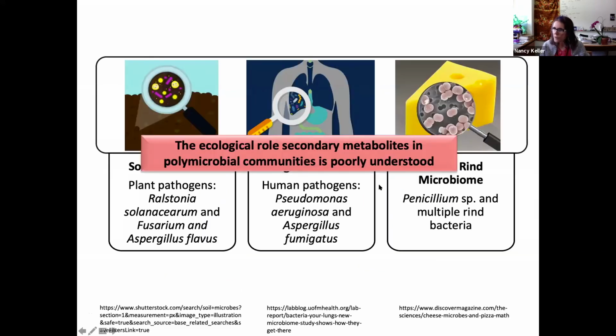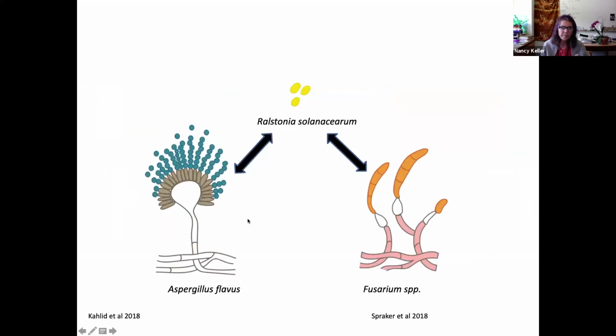When I first moved to Wisconsin, before the building that I now am lodged in was built, I shared a lab in the plant pathology building with Dr. Caitlin Allen, who is a world leader on the bacterium Ralstonia solanacearum. And of course, we were working with Aspergillus and Fusarium, and the story goes that sometimes there'd be a little contamination of an Aspergillus spore that went into a Ralstonia plate, and things happen. You could see that the two microbes responded to each other.